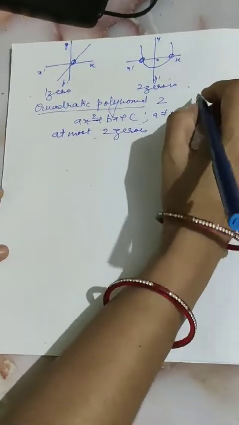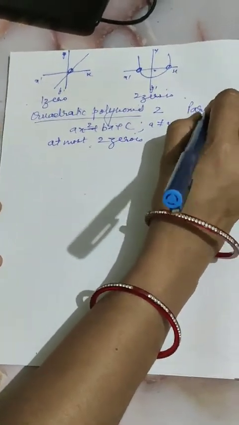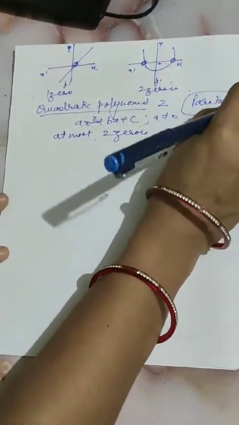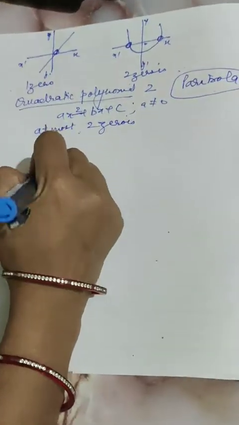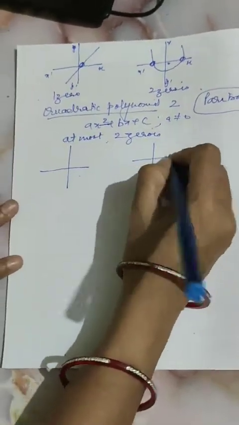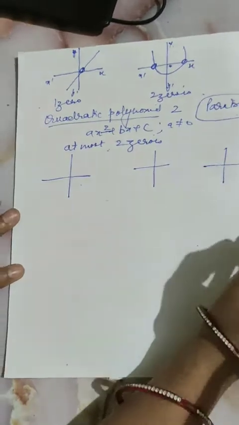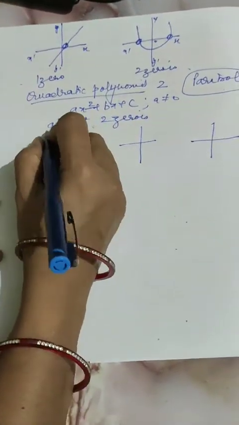Now children, for a quadratic polynomial, if we draw the graph, it is a parabola. At the most 2 zeros, so 3 cases arise.